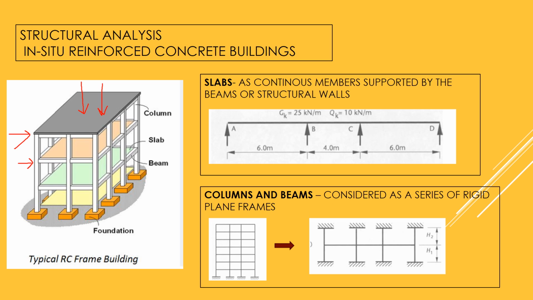Basically, slabs are considered as continuous members supported by the beams or structural walls. When we idealize the slab as a continuous beam, we can analyze these slabs. At the same time, columns and beams we consider as a series of rigid plane frames.